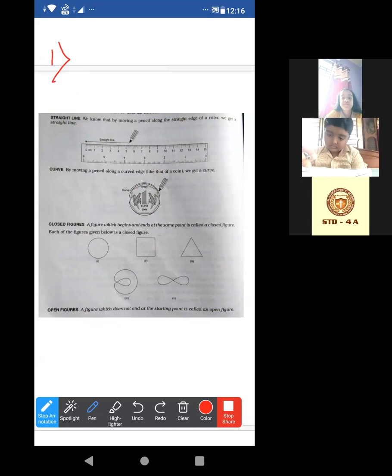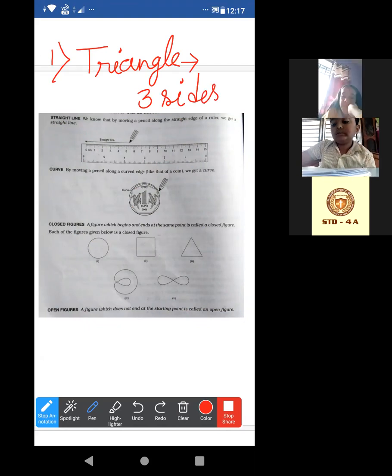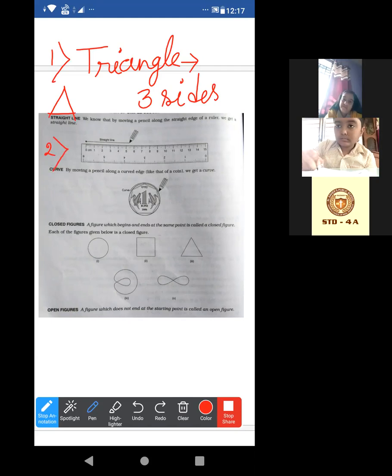First one, triangle, made up of three line segments. That is, I am writing three sides. The figure is in this way. Number second, if there are four line segments, then it is called quadrilateral.